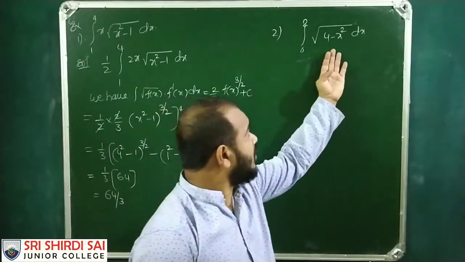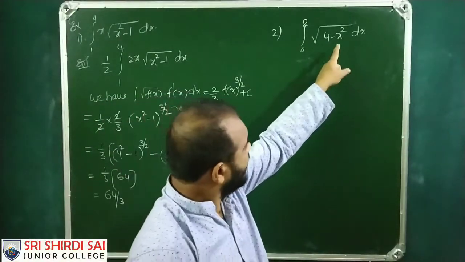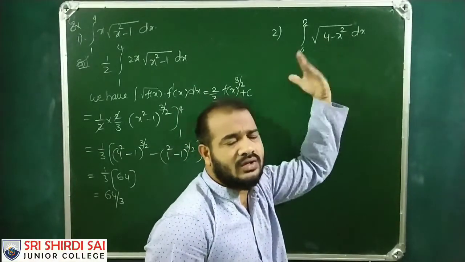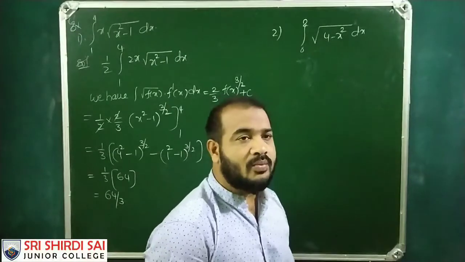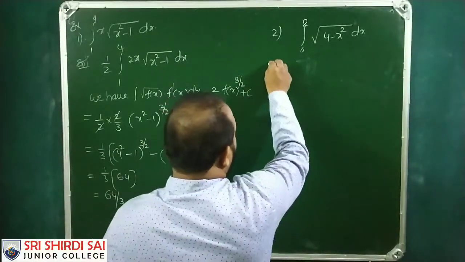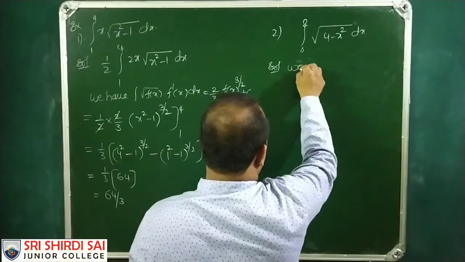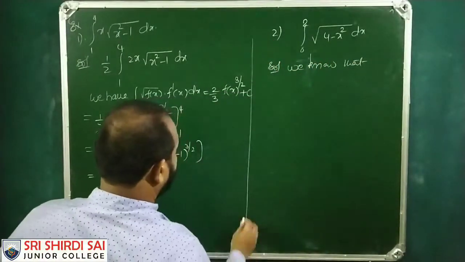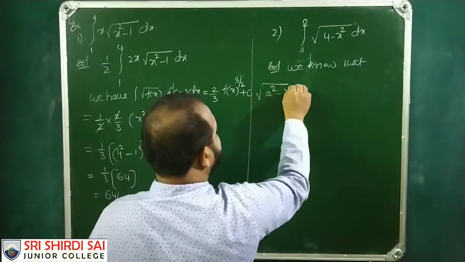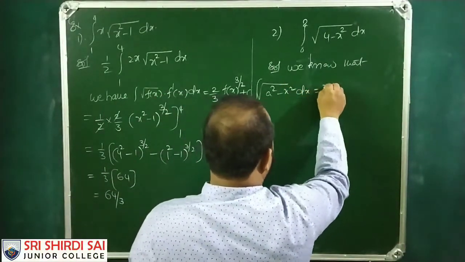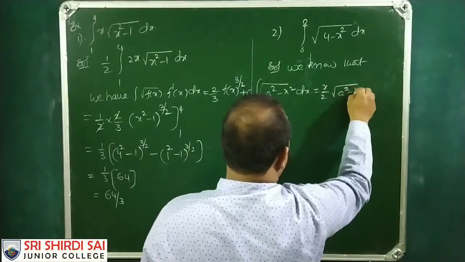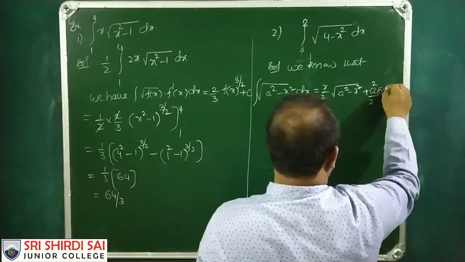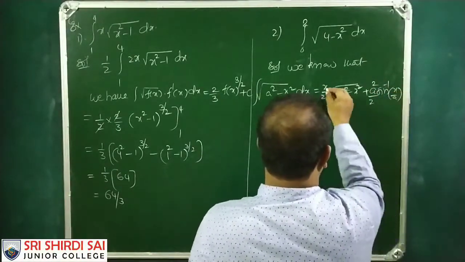You need not come right from the beginning of this problem. Like x is equals to 2 sin theta, dx is equals to 2 cos theta d theta and all. These many steps are not important, because we know that integral root of a square minus x square dx is x by 2 root of a square minus x square plus a square by 2 sin inverse x by a plus c.